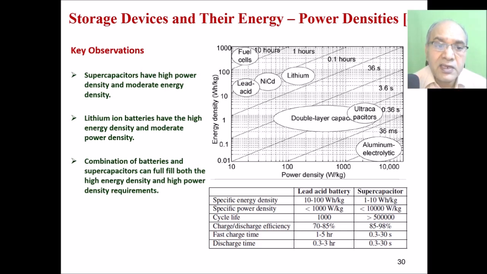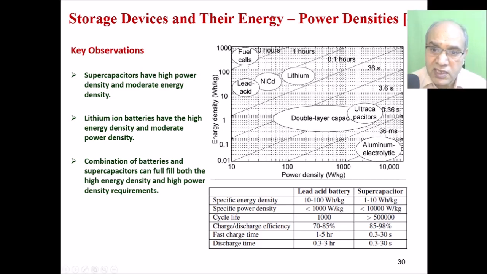Lithium ion batteries have high energy density and moderate power density. So batteries in general have more energy density, and the combination of these two energy storing devices, that is battery and supercapacitors, can fulfill both high energy density and high power density requirements.